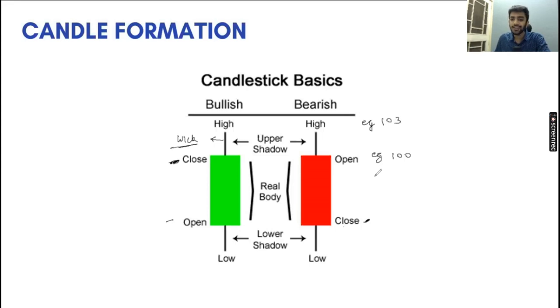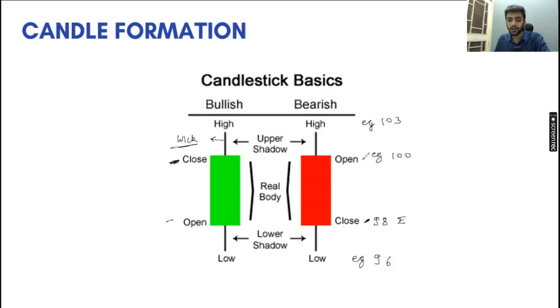But then a lot of sellers came into force and started pushing the price downwards, to, for example, 96 rupees. But finally, at the end of the day, which is 3:30, it closed at 98 rupees.